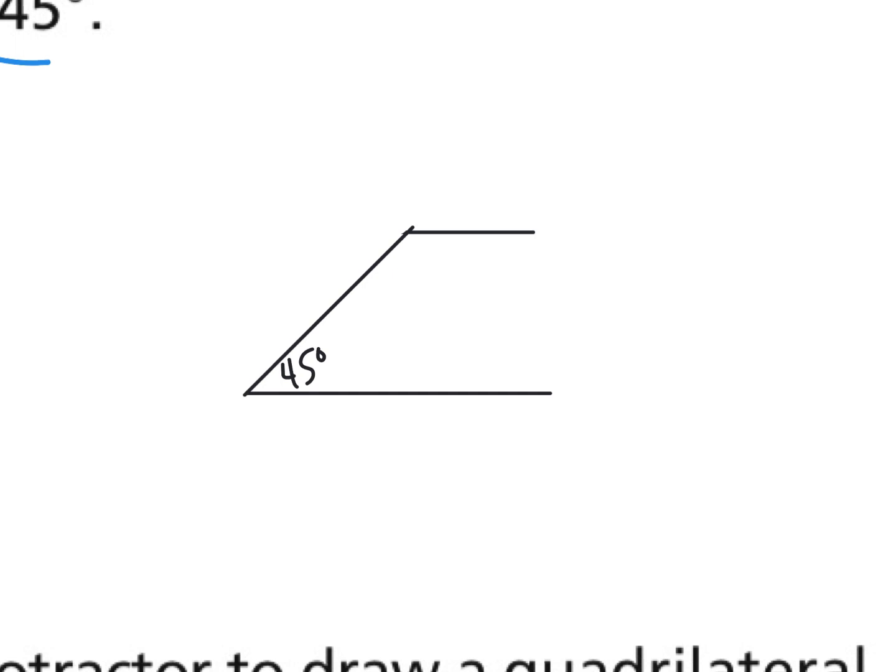And then if you wanted to, you could just connect your other two lines to each other. Something like this. Or if you wanted to, continue it out and make it look like that other trapezoid we showed earlier, you could do that as well.